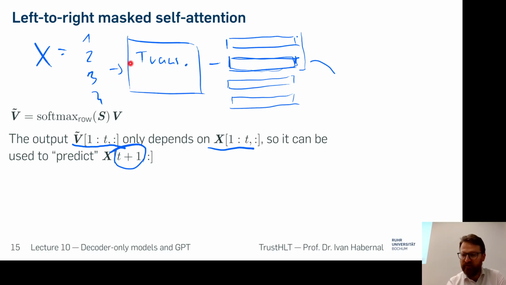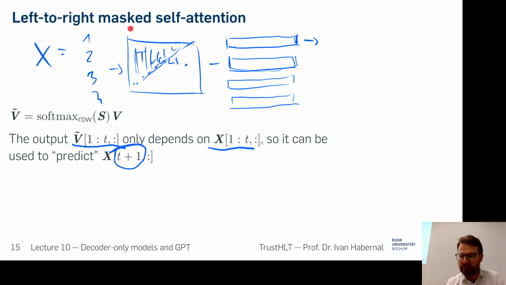We can only, maybe, take the whole input here and predict the next token afterwards. That we can do. But with self-attention with causal masking, we can predict the next word from each position. So here at position 1, after masking, we never saw anything from the future, right?